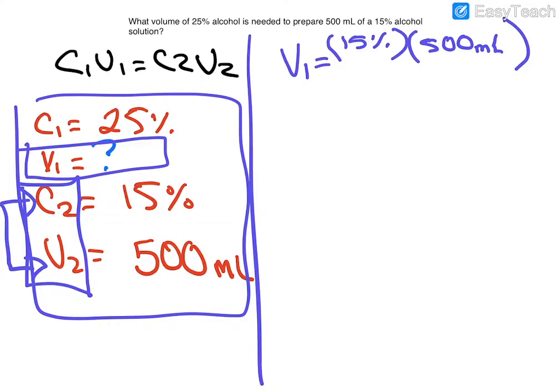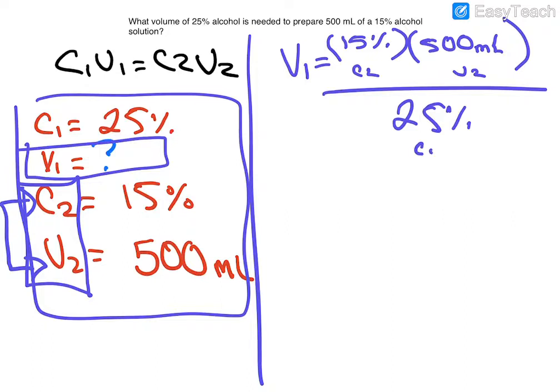Now that we have C2 and V2, we can divide it by the only other value that was already given, which is 25%, also known as our C1. To make it easier, always remember to keep your finals and your initials together. Obviously your V1 is what you're trying to find, so it's always going to go at the start of the equation before the equal sign.